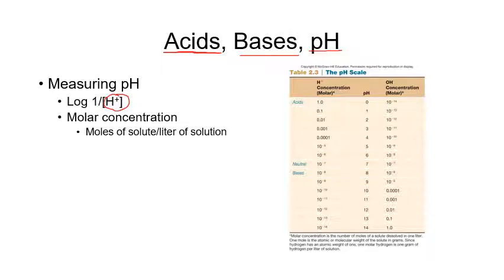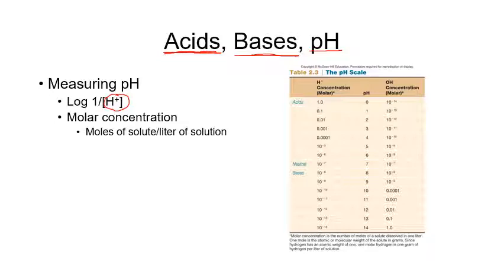Lower concentrations would be attributed to bases because they bind to hydrogen ions in a solution, so they would remove them. So if this number was bigger, which would be for an acid, and since it is in the denominator, then the actual number would be lower.